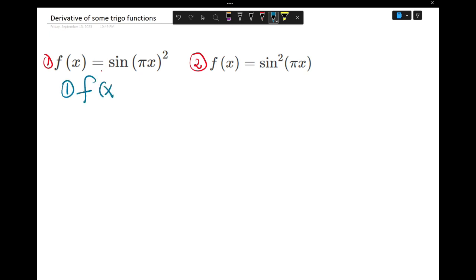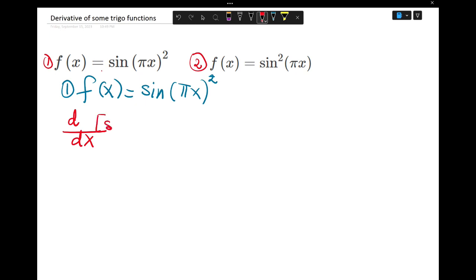So we have f of x equal sine of pi times x square. There are too many ways to find the derivative of this function, but one of them is faster. We can use this trigonometric definition.